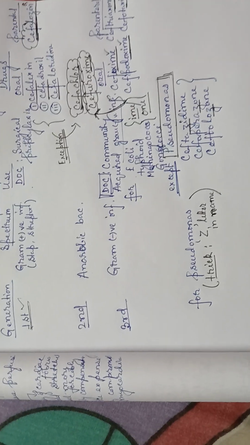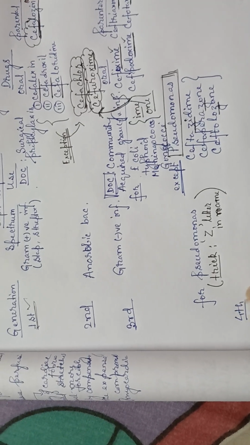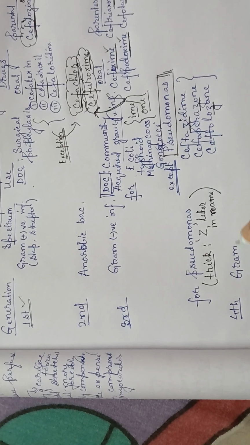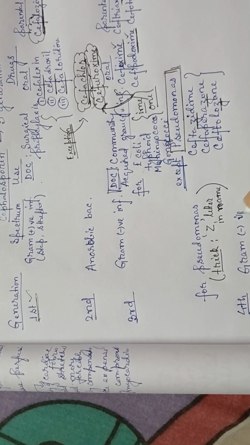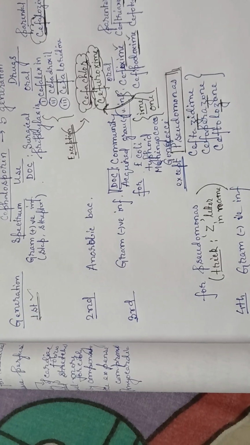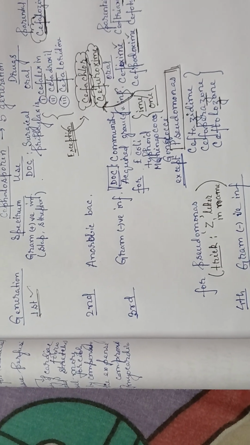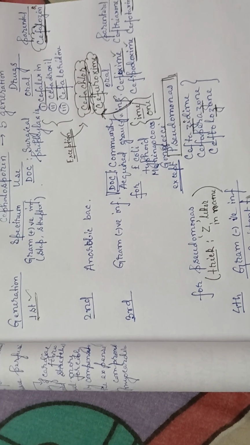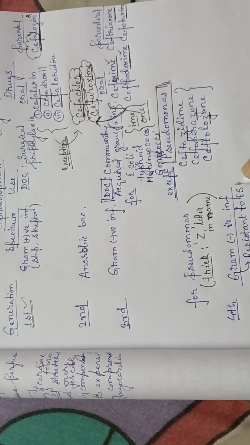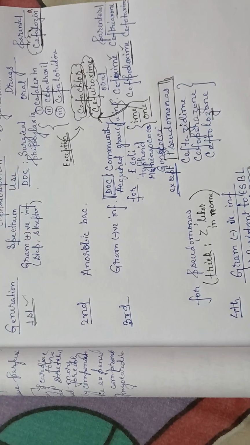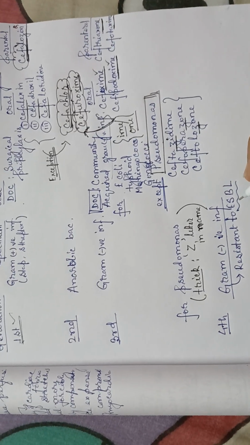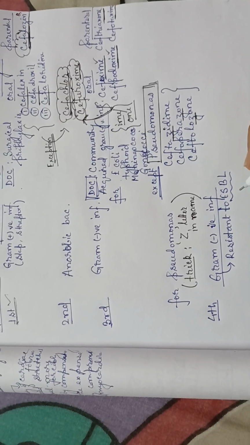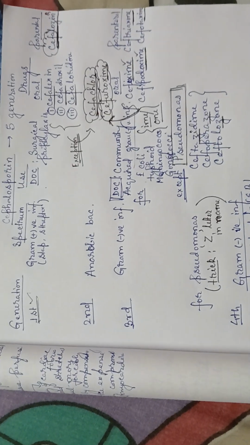Now the fourth generation of cephalosporin. Spectrum: it is also for gram negative infection, but infections which are resistant, ESBL. Now what is ESBL? ESBL is extended spectrum beta lactamase enzyme. It is a method of resistance which bacteria acquire to prevent the action of the antibiotic.